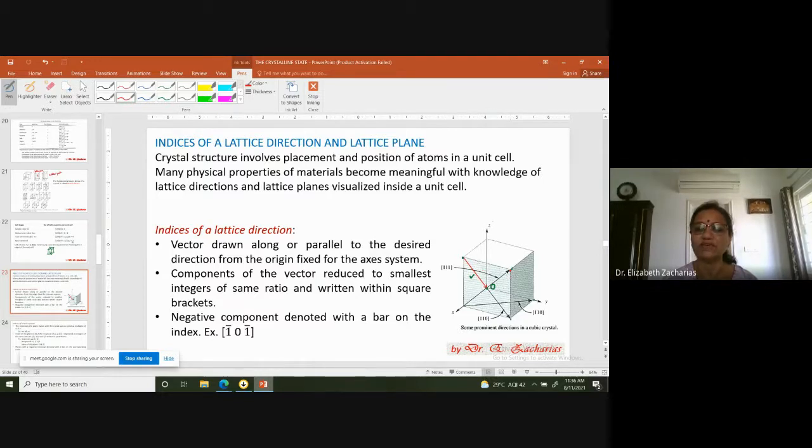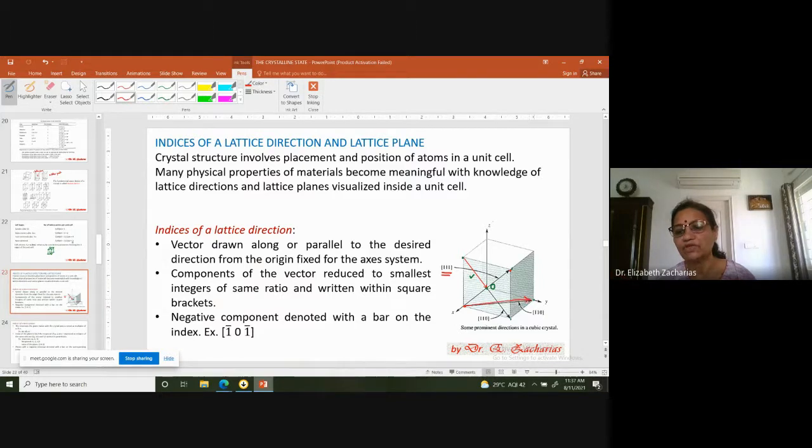Therefore, the components of this directional vector are 1, 1 and 1. So you put it in a square bracket, and what you get is the index of the lattice direction. Now let us try another one. Look at this direction, this arrow for example.